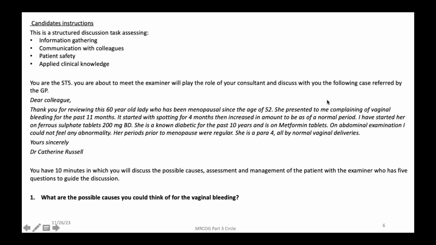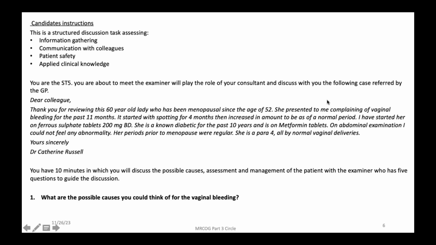Next is endometrial hyperplasia, endometrial polyps, or it could be a cervical lesion, or a fibroid, or any other local pathologies. Okay, elaborate more. What cervical lesions can it be? It can be a cervical growth, or at this stage, it's usually either a cervical polyp or a cervical carcinoma.